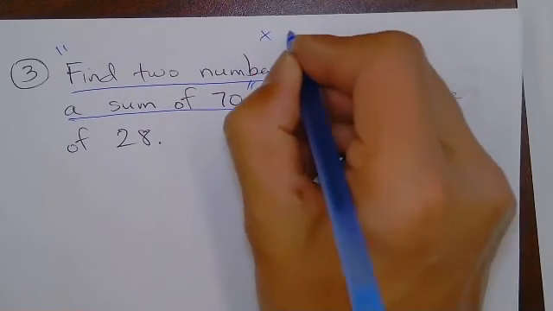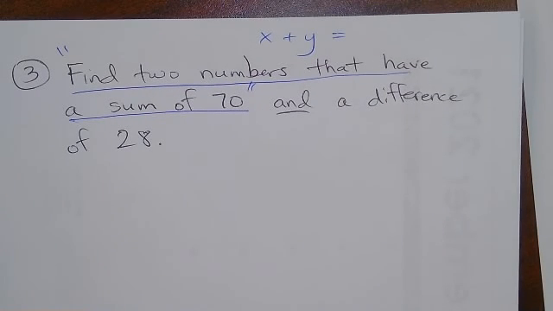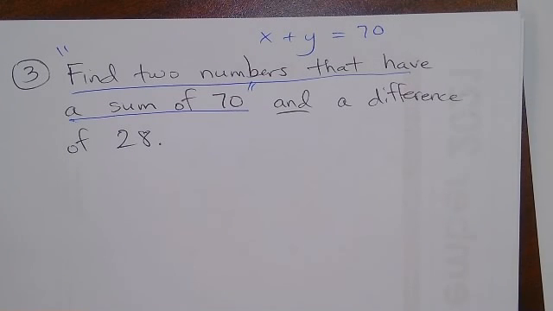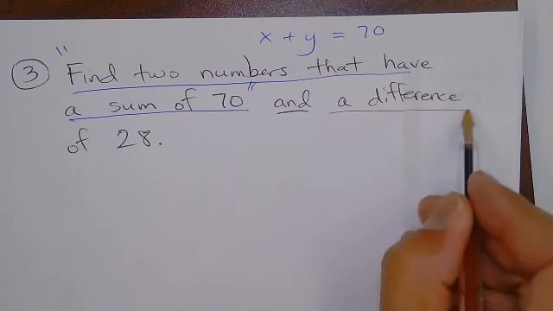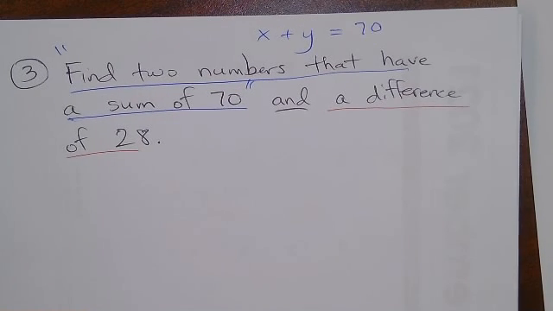Find two numbers that have a sum of 70. I don't know the numbers yet, so I got to use two different letters. They add up to 70.